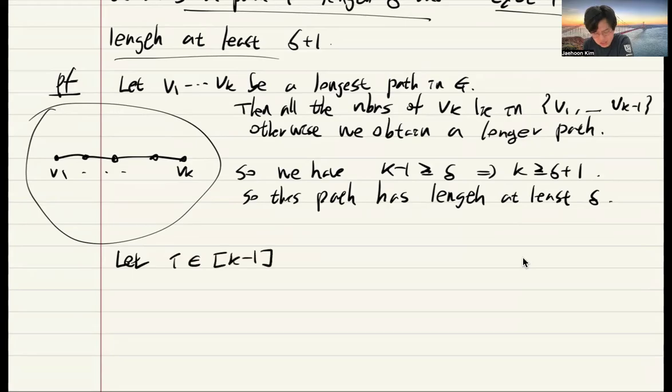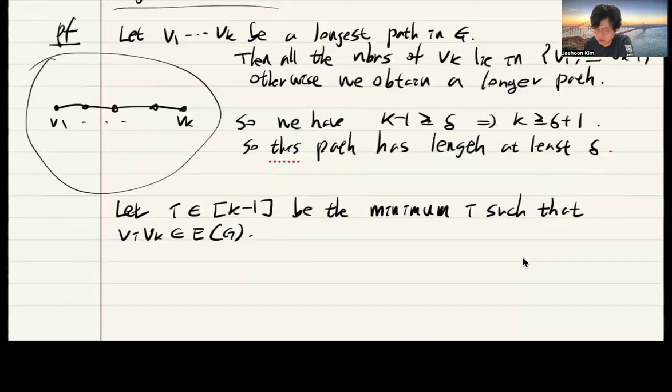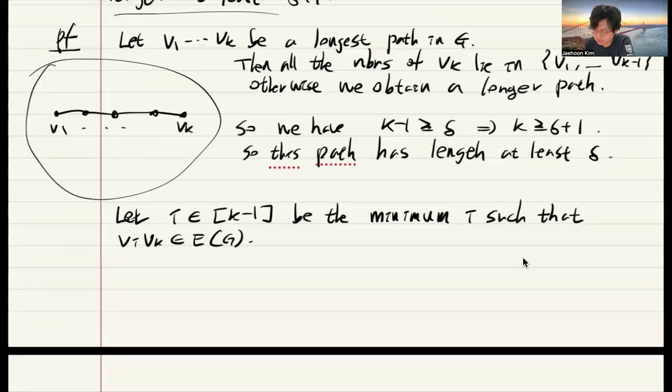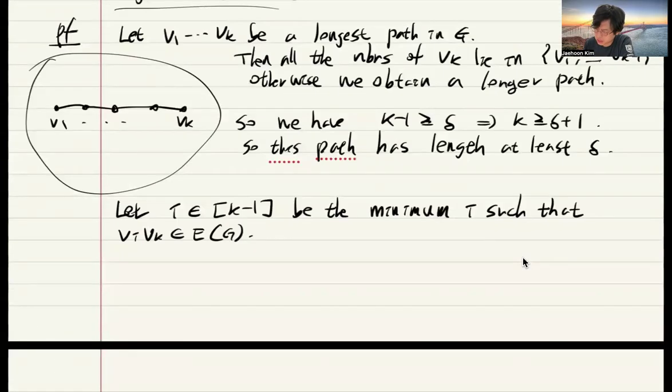Let i be the minimum i such that vi vk is an edge in G. Then what do we know? Because we assume that delta is at least 2, this vk has a neighbor other than v(k-1). And because of the maximality of this path, this edge is not going out, this edge is going in.